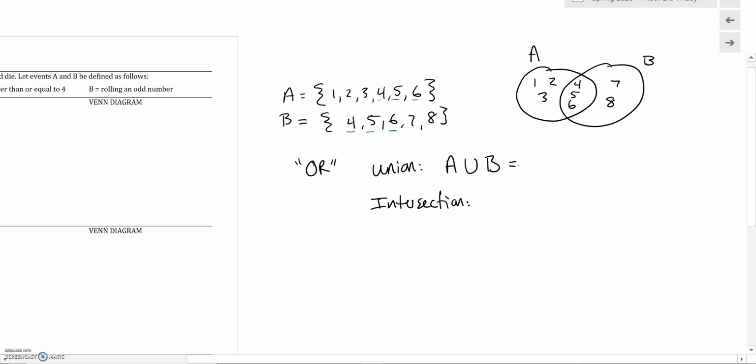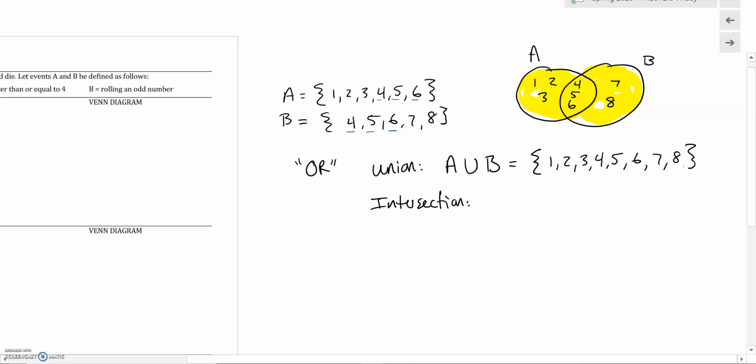What the union literally means is I'm basically gluing these sets together. I'm taking everything that's in A, and I'm also going to include everything that's in B. I'm going to mash the two sets together, but I'm not going to double count anything. So anything that's got some overlap, I'm not going to list it twice. The union of these two sets would be just putting them together. So I've got 1, 2, 3, 4, 5, 6, 7, and an 8.